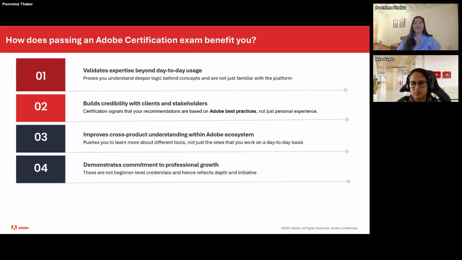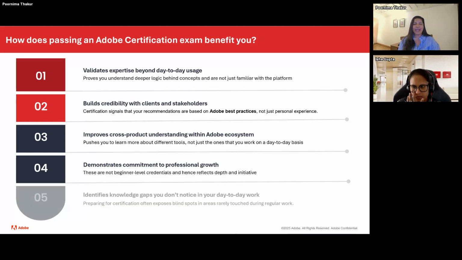And last but not the least, it identifies knowledge gaps you didn't even notice in your day to day work. Coming back to my previous point, there were areas I wasn't even looking into. But when I started learning concepts within the exam and about the exam, there were so many questions that came in my mind that I went back and solved on my own. And I realized that there were a few things that I wasn't really doing correctly.